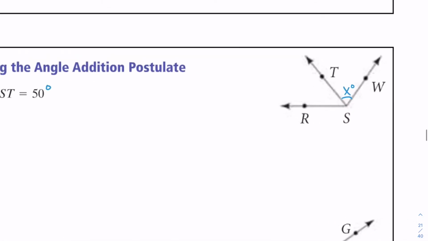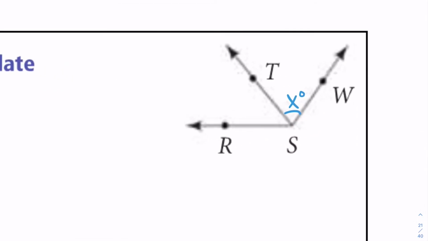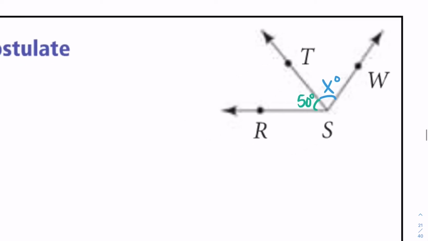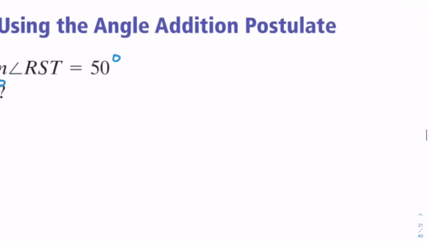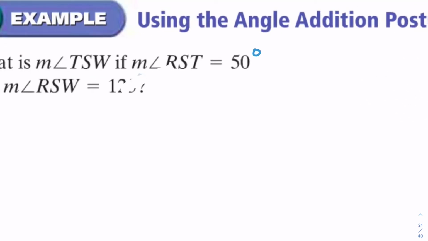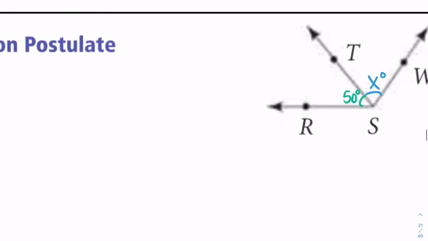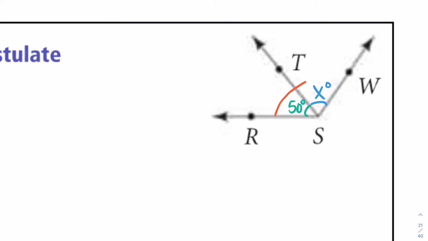So I'm going to put in RST, that is 50 degrees. That's this one right here. And then in orange, let me color coordinate this, I'm going to put the 125 degrees. So RSW, this one right here, is 125 degrees.